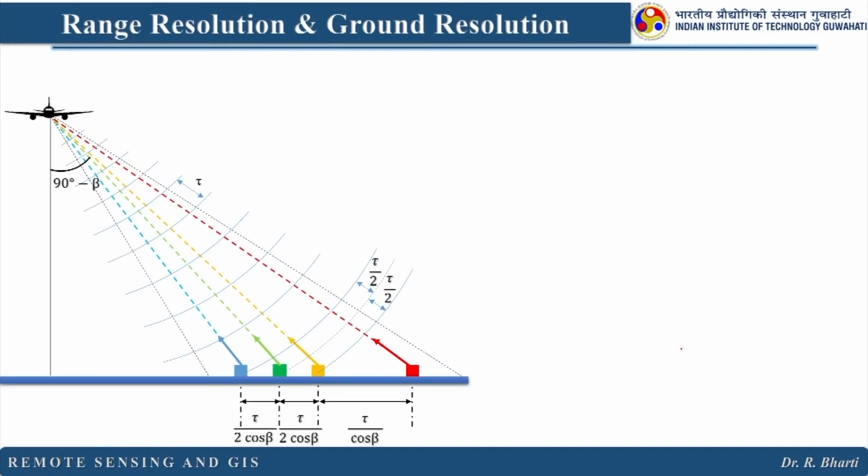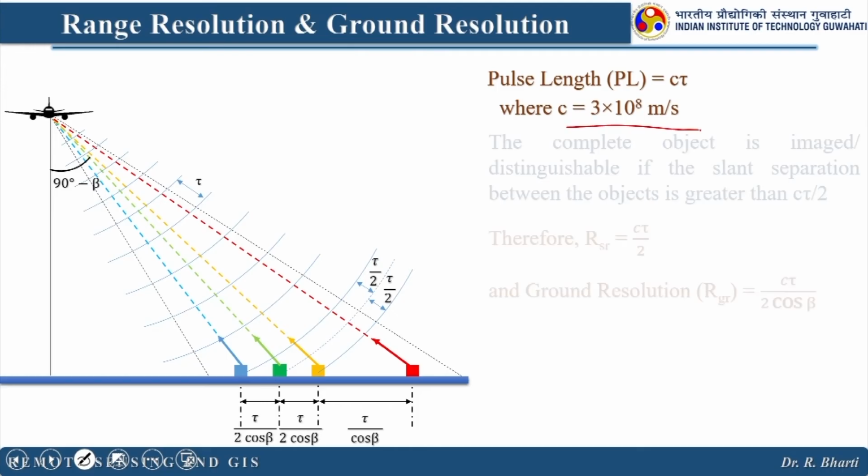Here in this case, what is happening? The range resolution and ground resolution. How do we define these two terms? So, the pulse length PL is basically C tau. I hope it is understood in the previous slide. So, basically this is your tau, right, and this is also known as pulse length, where C is your speed of light and the values are known.